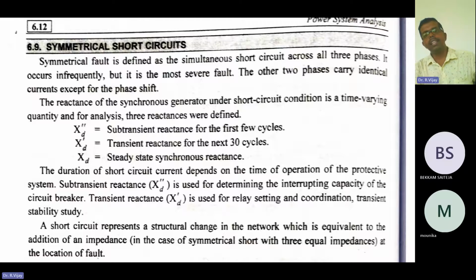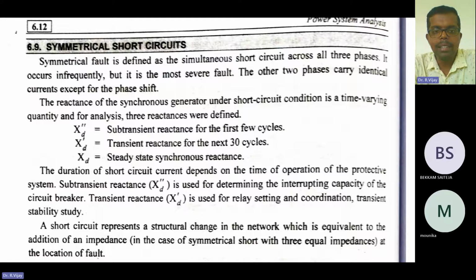Here is the reactance of the synchronous generator. The majority of our power plant generators, say, in a hydro power plant or a thermal power plant, are synchronous generators only. So if a short circuit happens near the synchronous generator, the reactance is a time varying quantity.